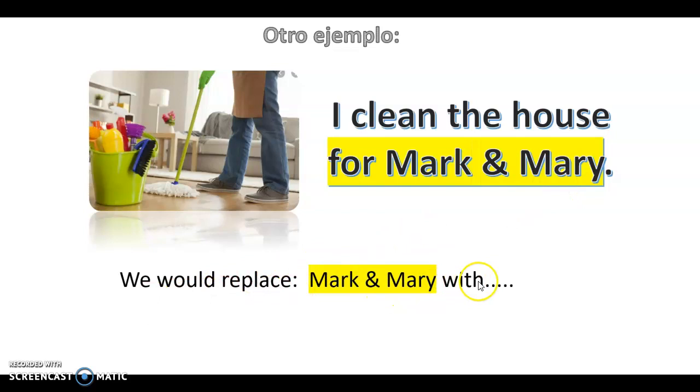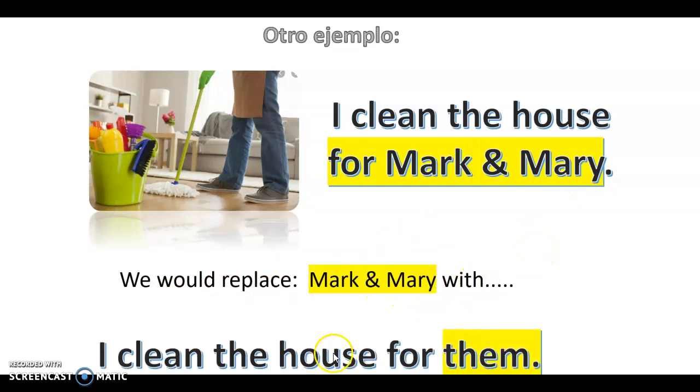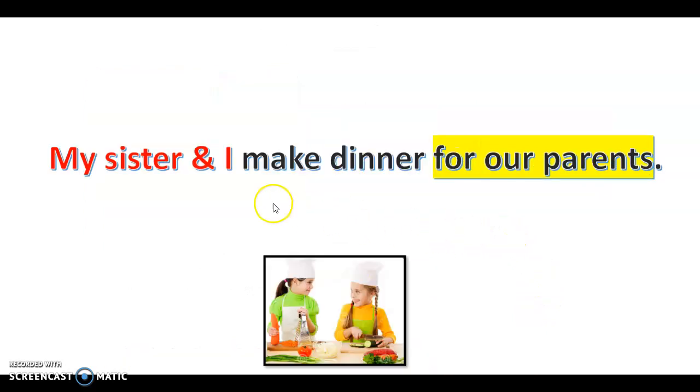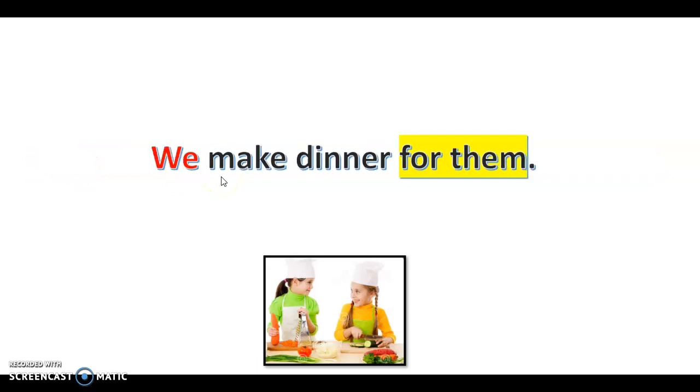Who would we replace Mark and Mary with? For them. I clean the house for them. Another example, my sister and I make dinner for our parents. So my sister and I would be replaced with we, and make dinner for them, we would replace our parents.